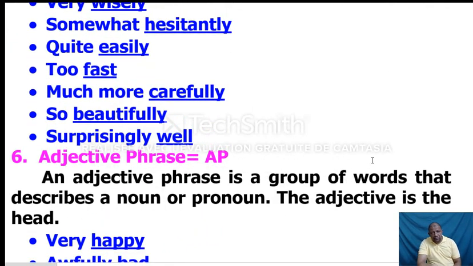So, the key point to remember, I'm going to recapitulate. A phrase is a group of words which is subjectless, which is verbless, and all the time a group of words. This group of words must have the head. The head means the most important element in the phrase. If you are speaking about a noun phrase, the head should be a noun.